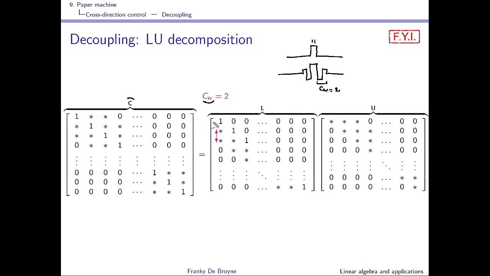Okay, so for L, you'll have ones on the diagonal, and then you'll have a number of non-zero elements on the subdiagonals, and the number of these subdiagonals is exactly equal to CW, the coupling width, and you'll have something similar for U over here.